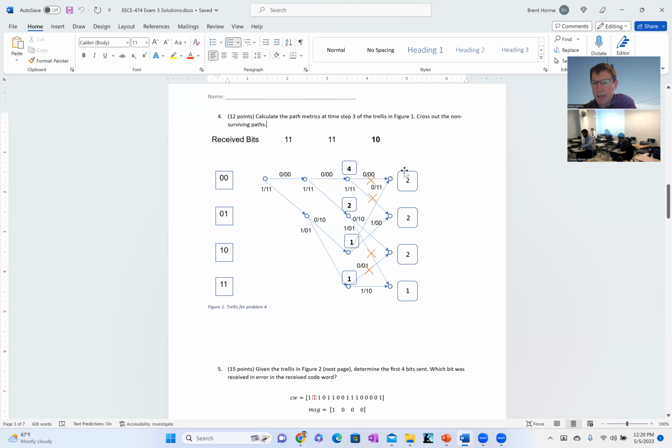Now, these metrics are really summing up the number of times that there was an error or a mismatch between what we got and what we expected for that path, so you can easily remember that we really want the smallest metrics, because that would reflect the fewest number of errors to get to this point, right?